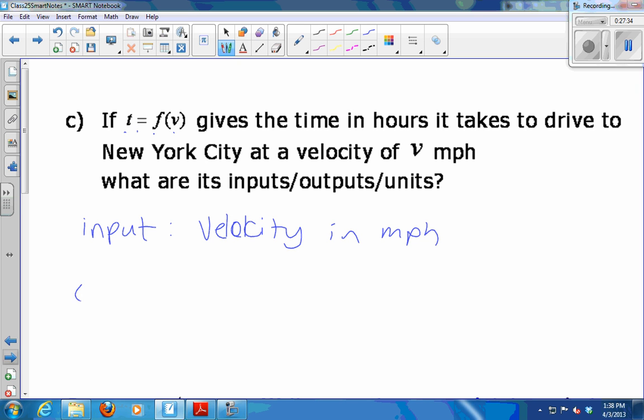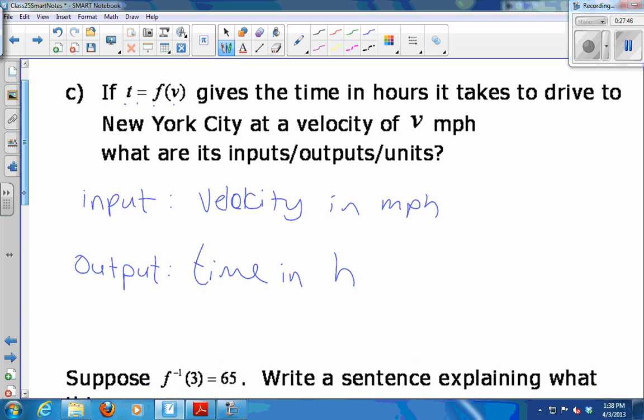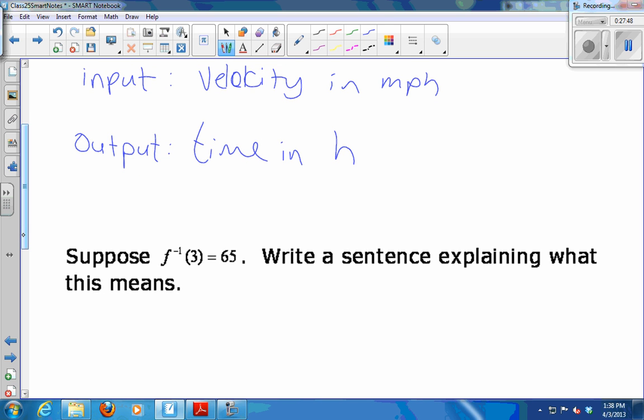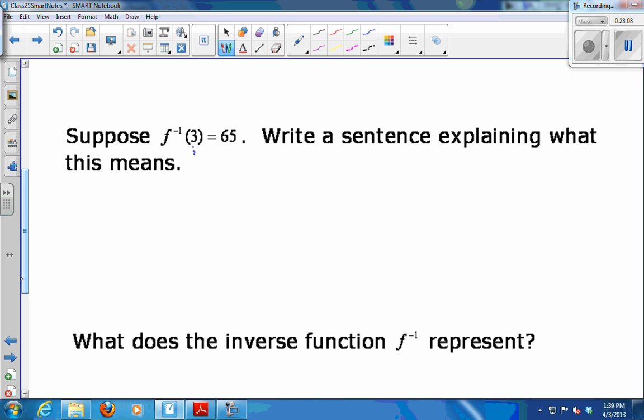And then my output would be what? Time in hours. Good. Okay, so if F inverse of 3 is 65, this 3 is an input into F inverse, which means it's an output from F, so that's a time. So to get to New York City in 3 hours, I have to drive 65 miles per hour.